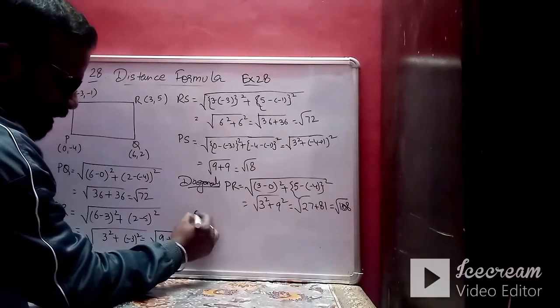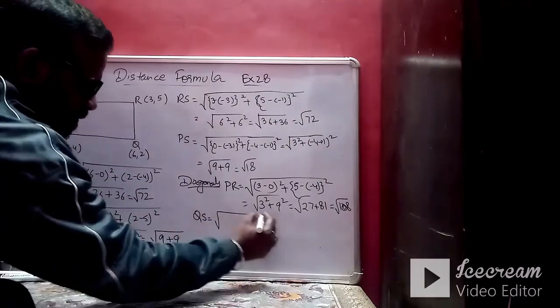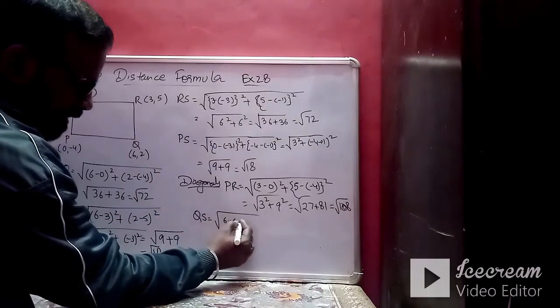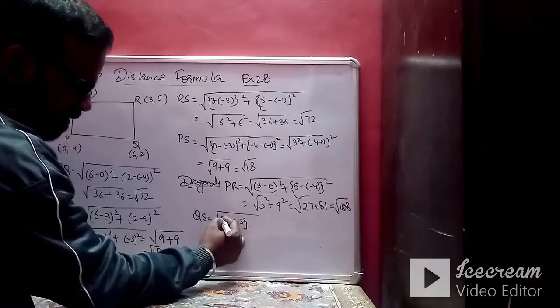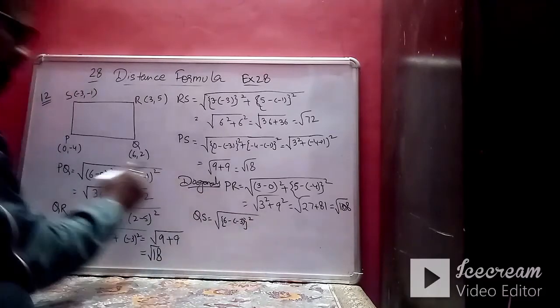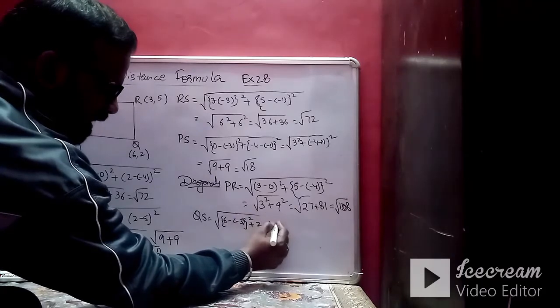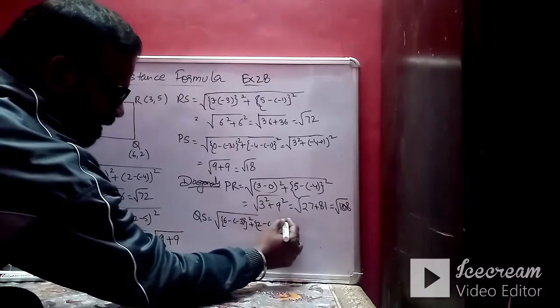Then we will calculate QS. So QS will be how much? (6 minus -3) square plus (2 minus -1) square.